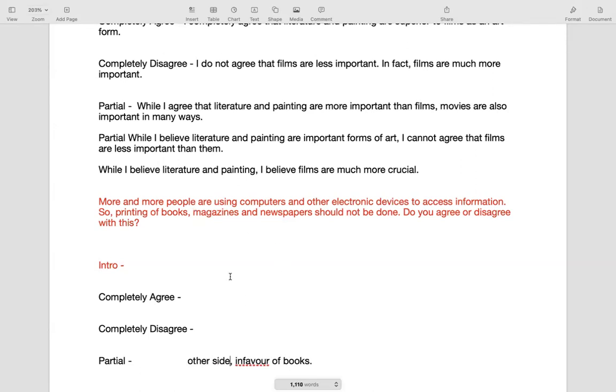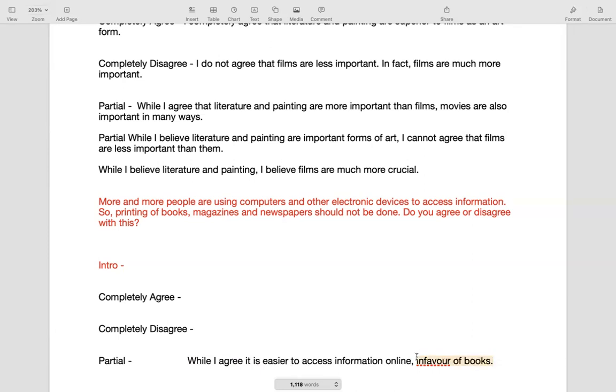So what can we write in the favor of other sides, which is what ebooks or accessing information online. So while I agree that it is easier to access information, right? So it is easier, more convenient to access information online.